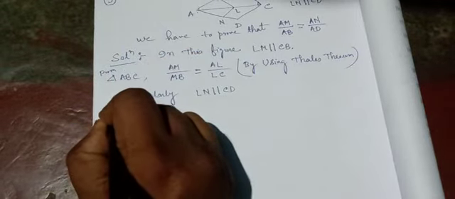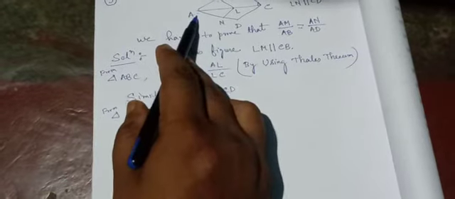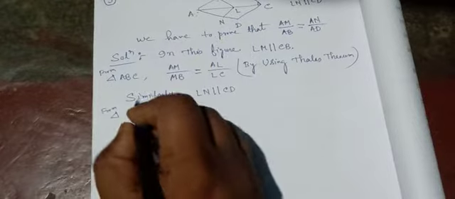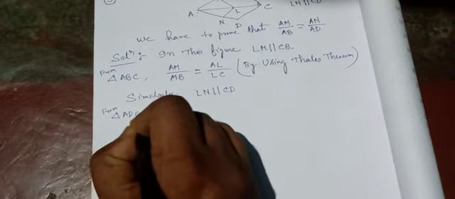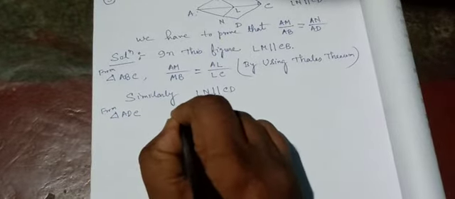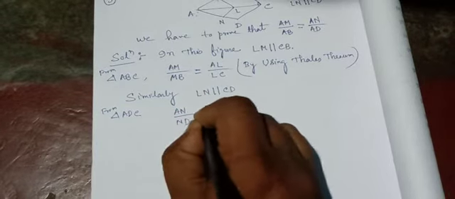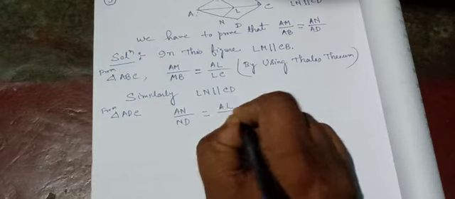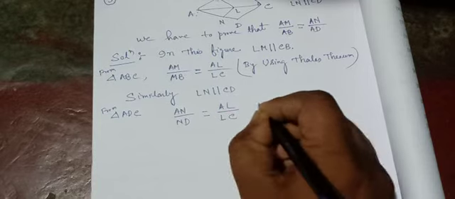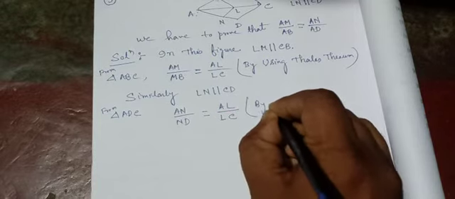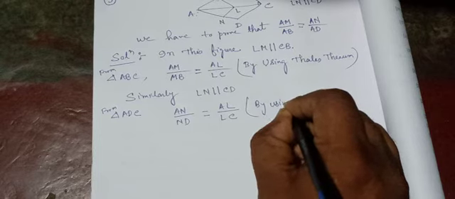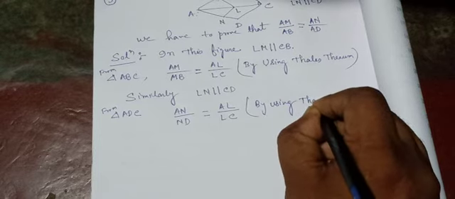Again from triangle ADC, AN by ND is equal to AL by LC by using Thales theorem.